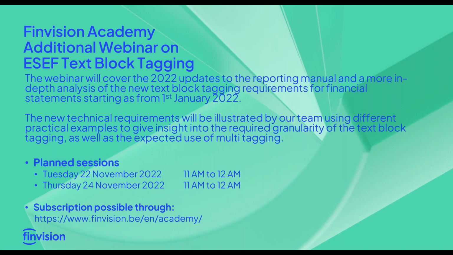So in principle, most financial statements closing 31st of December will be confronted with those new tagging requirements. We'll be giving some more explanations as well as practical examples on how you can make sure you're compliant with those new tagging requirements. Both sessions will take place next week, the week of November 22 and November 24. If you would be interested, don't hesitate to go to our website and subscribe for those additional webinars as well.